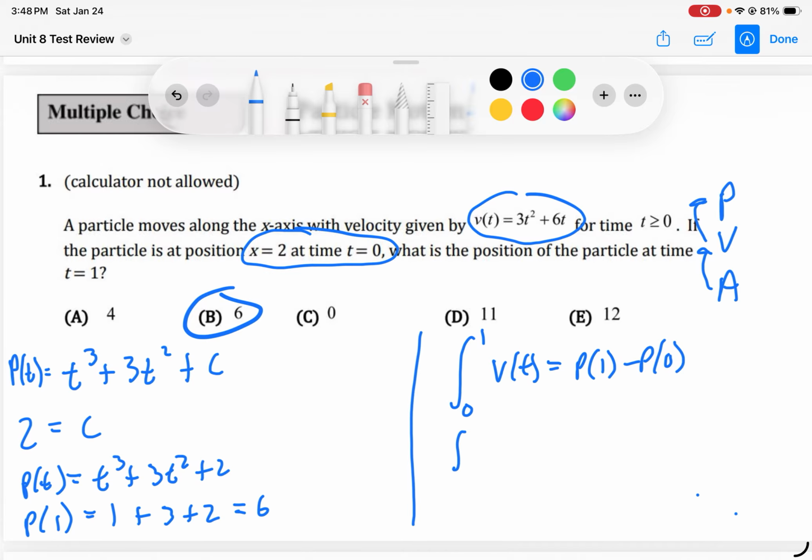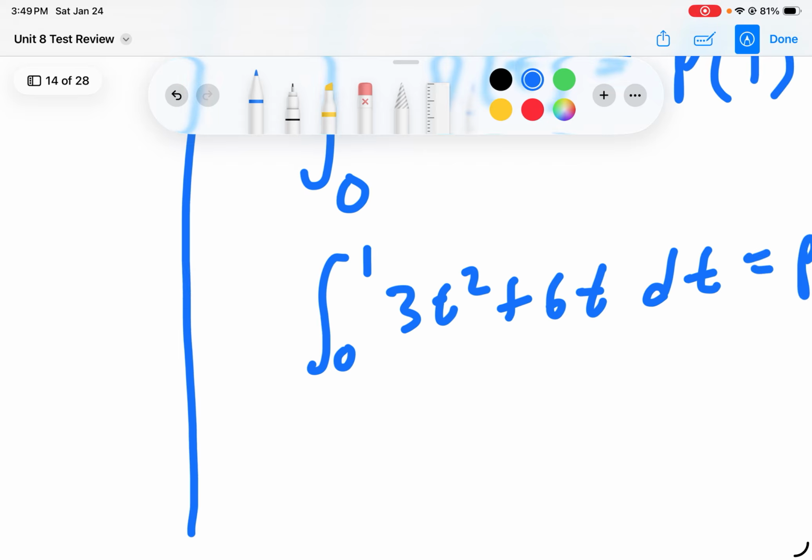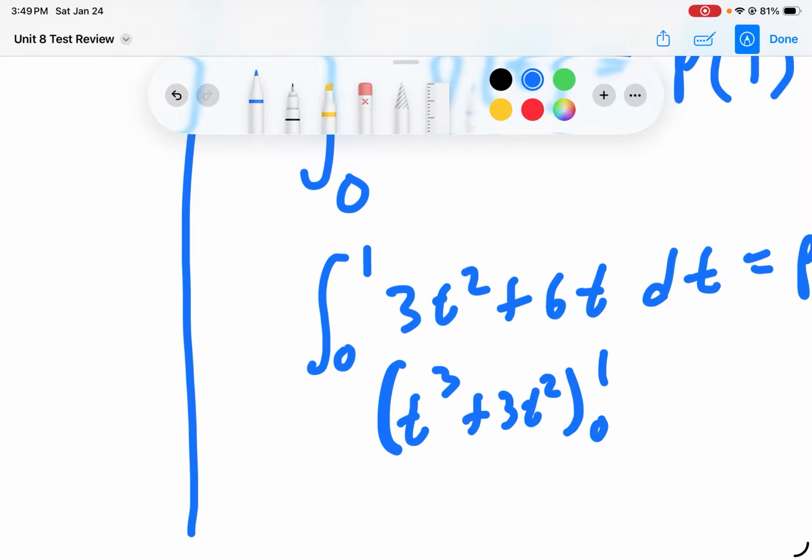If I actually plug in my numbers, the integral from 0 to 1 of 3t squared plus 6t dt, position when time is 1 is what we're trying to find, and position at time 0 is 2. Now if I find the antiderivative of this, I get t cubed plus 3t squared. You evaluate it from 0 to 1.